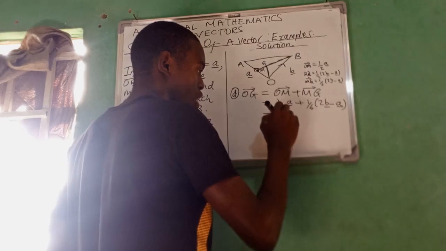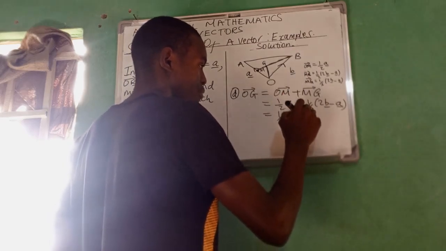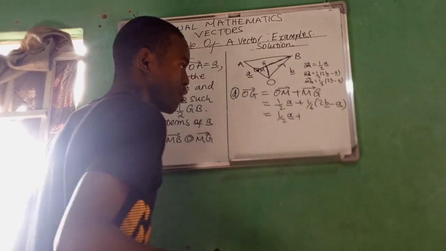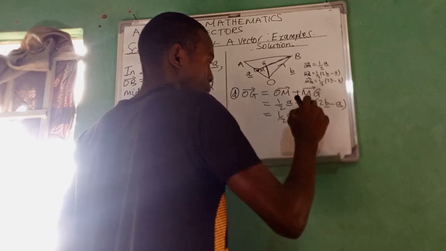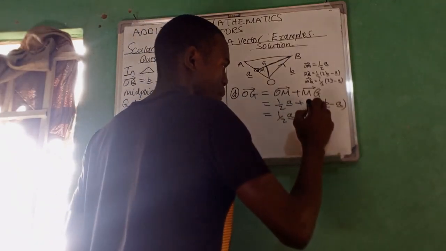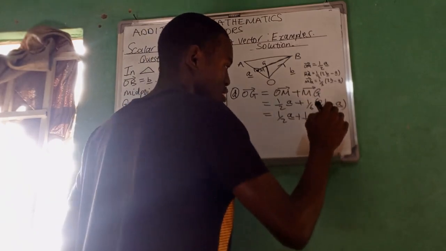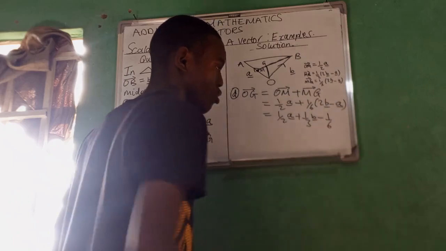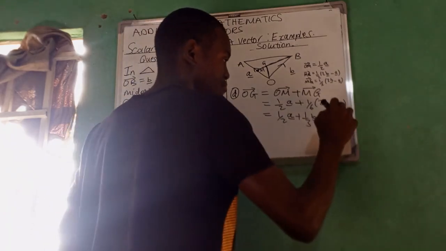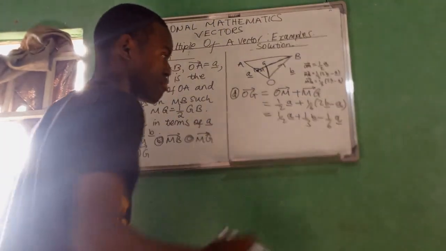This will be equal to half of vector A plus 1/3 of vector B minus 1/6 of vector A. Alright, so this is what we have.